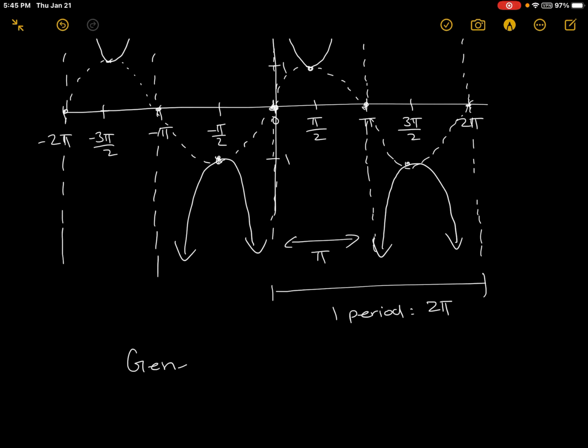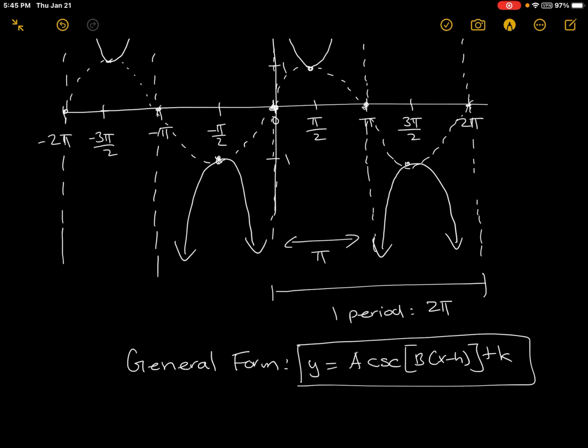So again, the general form is pretty much the same: y is equal to a cosecant of the quantity x minus h, plus k. That's the general form of your cosecant. Again, we call it a fake amplitude.